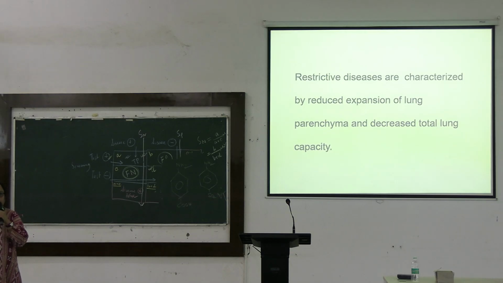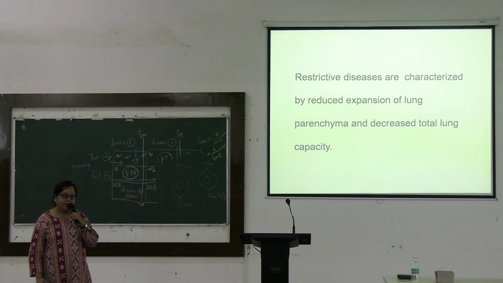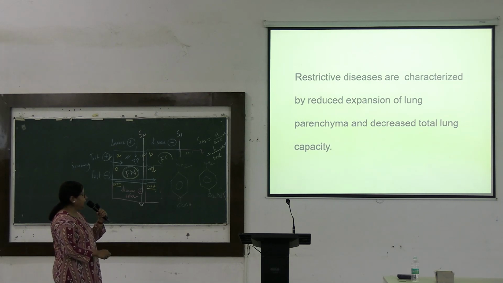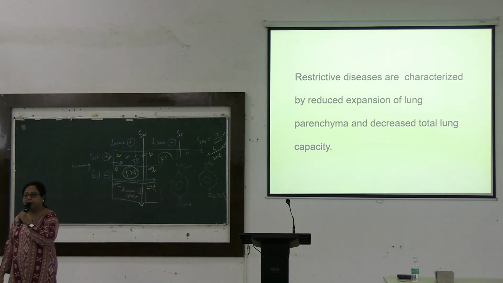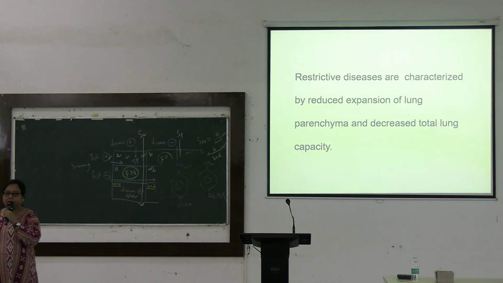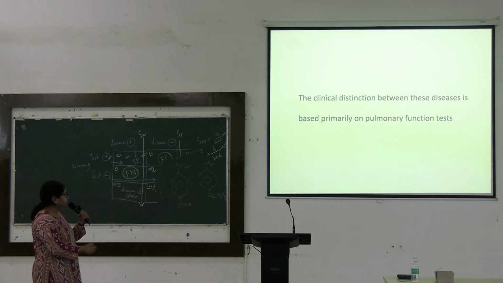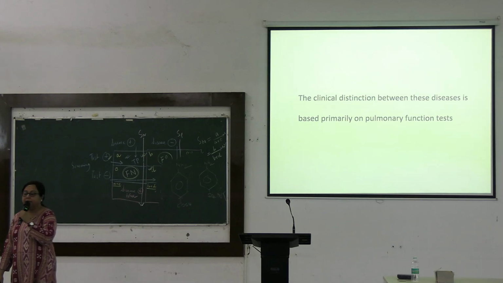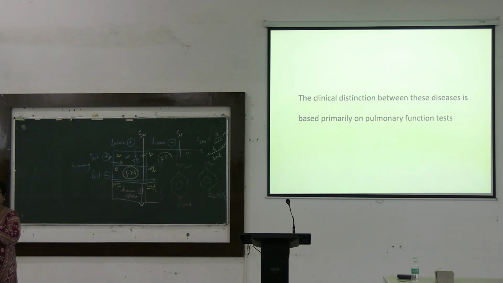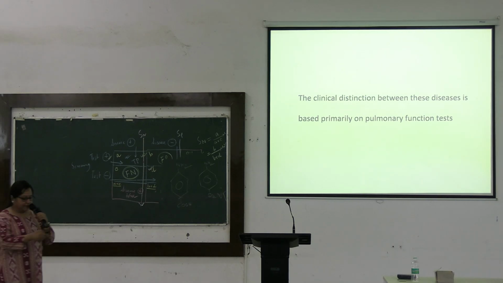That is, the volume expansion of the lung parenchyma is reduced, and total lung capacity is decreased. These are the two features of restrictive lung disease. The distinction is done by pulmonary function test, PFT, so we'll come to it at the end of the lecture.